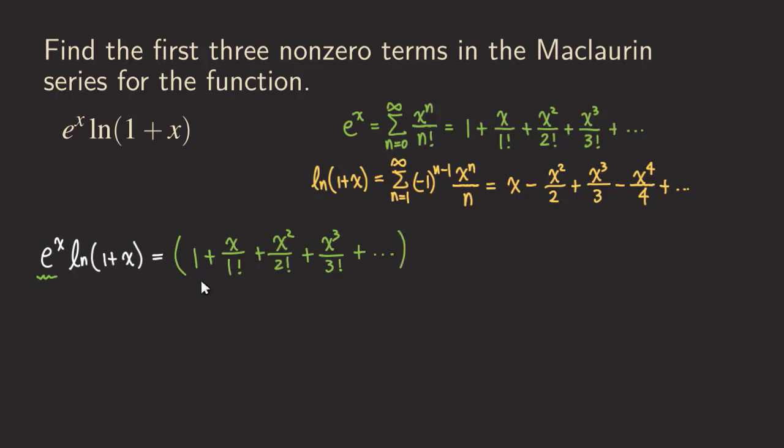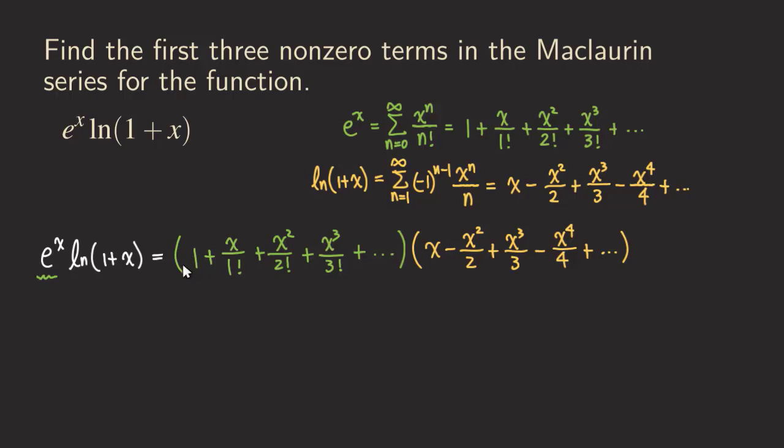And then what about the other one? We copy it down right here and multiply them together. So we have x minus x squared over 2 plus x cubed over 3 minus x to the 4 over 4 and so on.